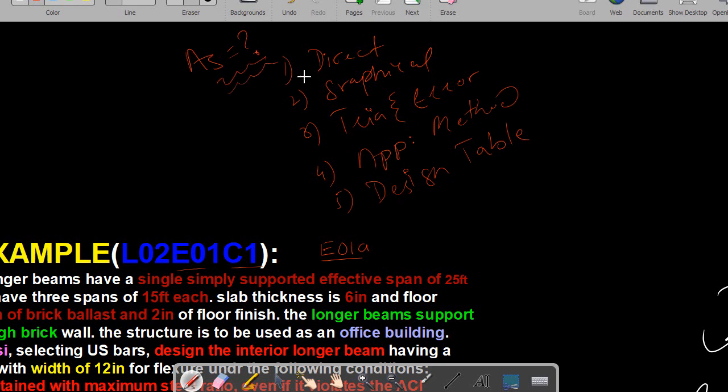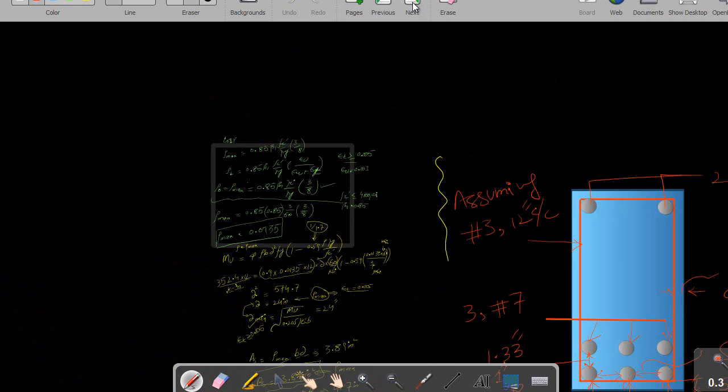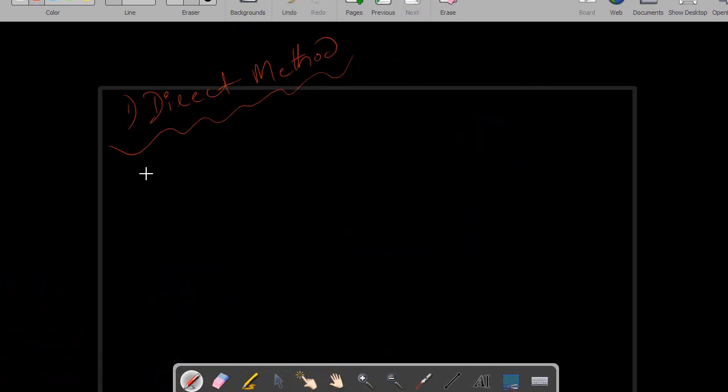So in today's lecture we will cover this first one, that is direct method. So let me discuss this method, that is the direct method. In direct method we have two methods.